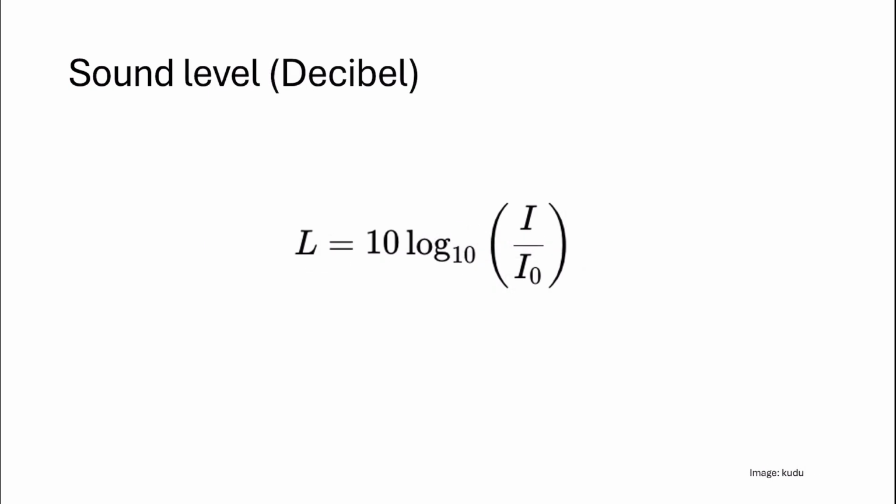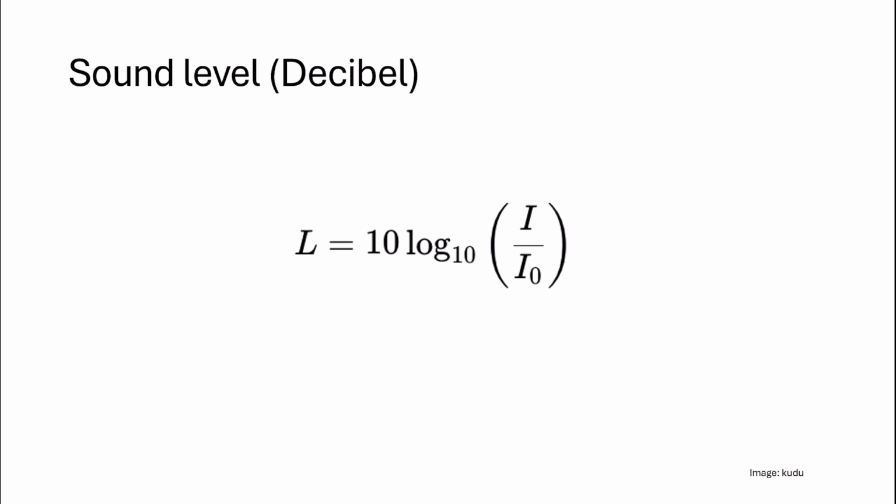Decibels are a unit used to measure the intensity of sound, representing the ratio between a given sound intensity and a reference level on a logarithmic scale. In this formula, L represents the sound level, I is the intensity of the sound being measured, and I0 is the reference intensity.